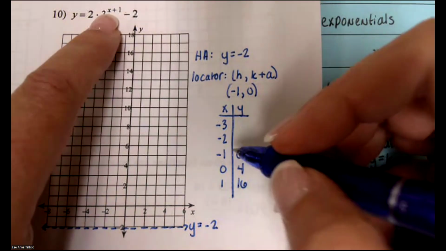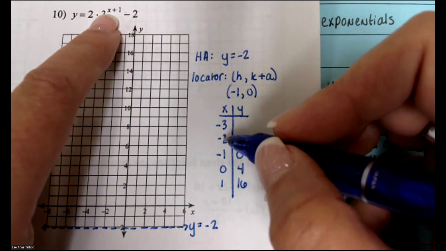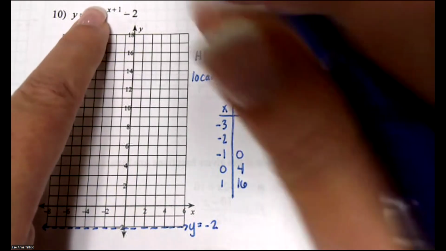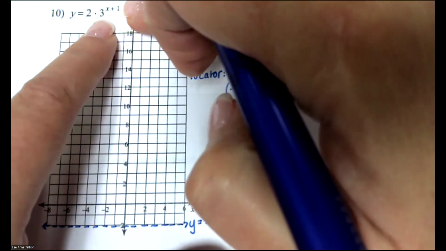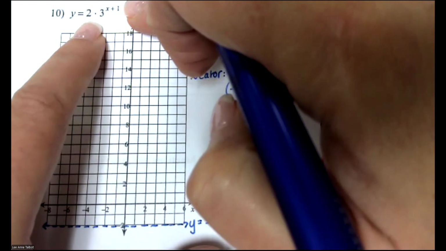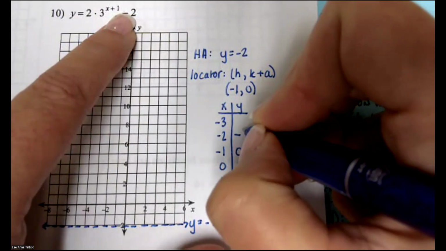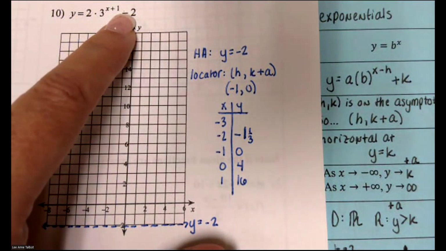This is going to be bad because it's going to be thirds and I hate thirds. So negative 2 plus 1 is negative 1. 3 to the negative 1 is 1/3. 1/3 times 2 is 2/3. I'm going to put negative 1 and 1/3 just for graphing purposes.